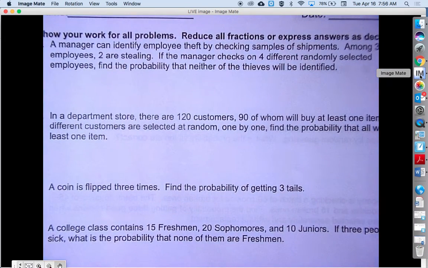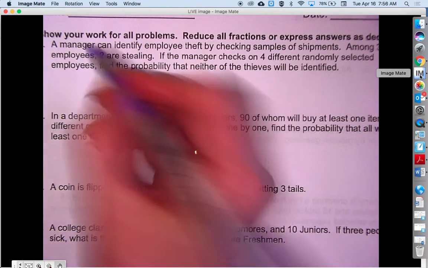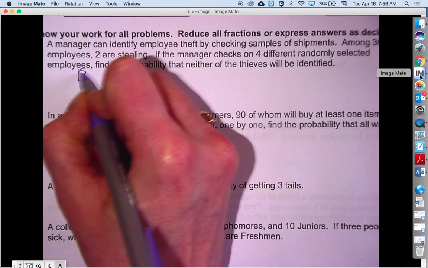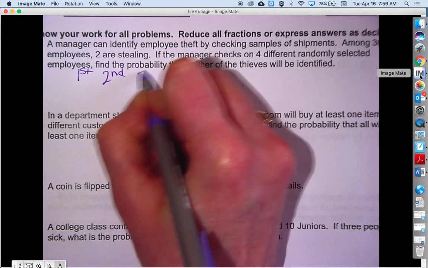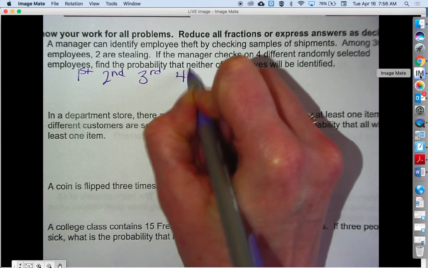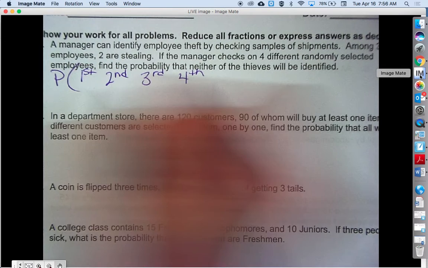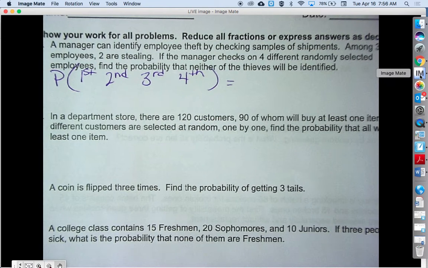So there are 4 different people that I'm going to check on. So that means I need to find the probability of the first person, the second person, the third person, and the fourth person, but the fact that none of them are thieves. So if 2 of them are stealing from me, how many of them would not be thieves then?